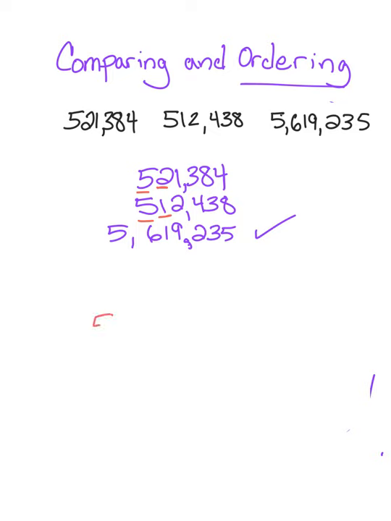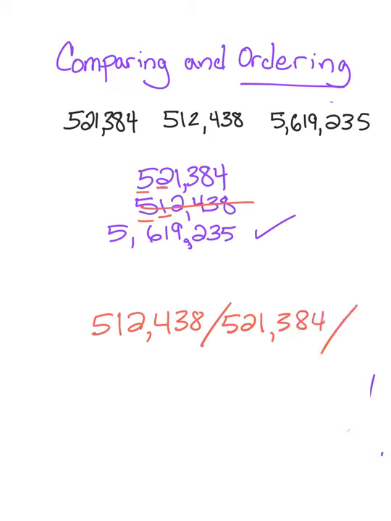So I'm going to go 512,438. Okay, then my next number would be the 521,384. And finally, the 5,619,235 would be the largest.